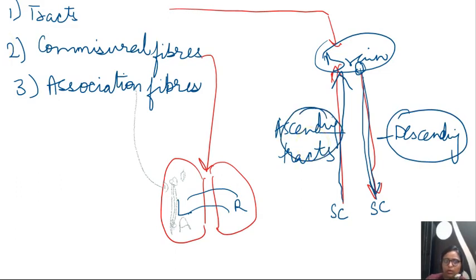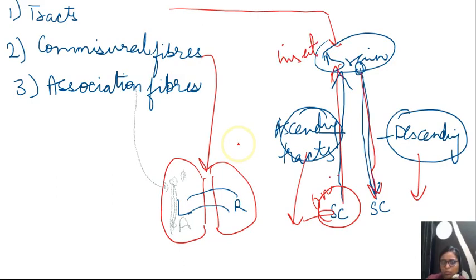Is there anything to learn in it? Tell me, is there anything to learn in it? You just have to remember that the tracts which take origin from your spinal cord and insert in the brain, so they are moving upward, so these are called ascending tracts. Simple. And the tracts which are taking the information from your brain and descending down to the spinal cord are called descending tracts.